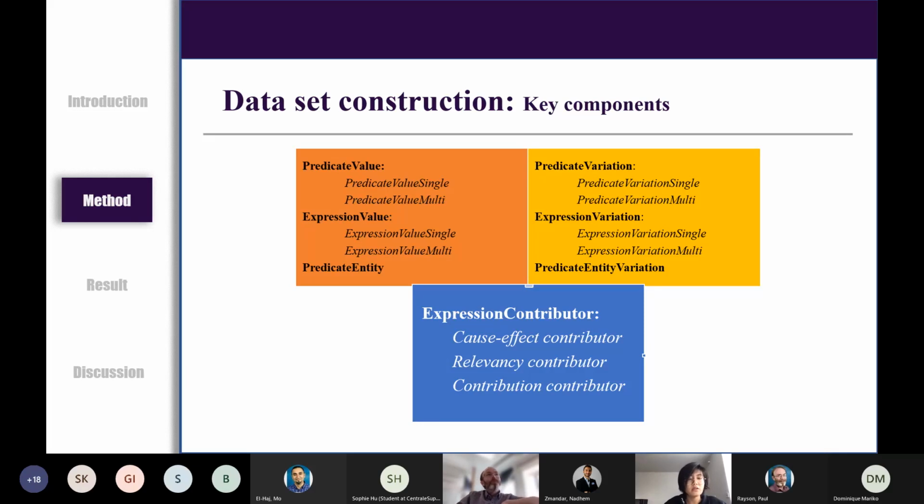And then the key components. Key components can be divided into 3 categories. Those in the first category are used for describing the value or state of one or more indicators. The difference between predicate value and expression value is that in predicate value there are verbs.